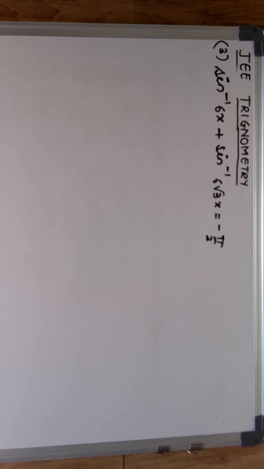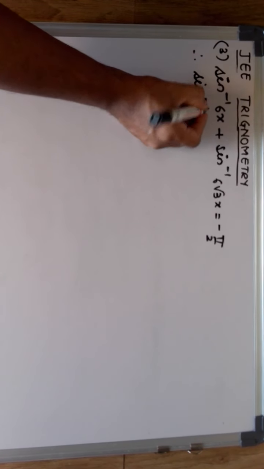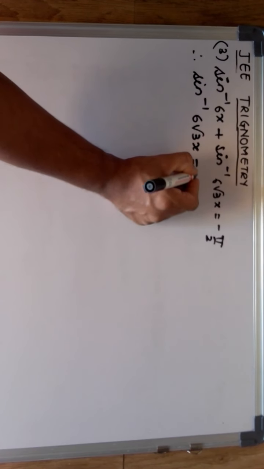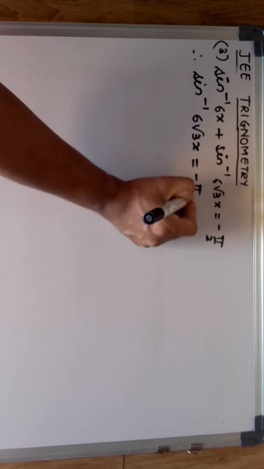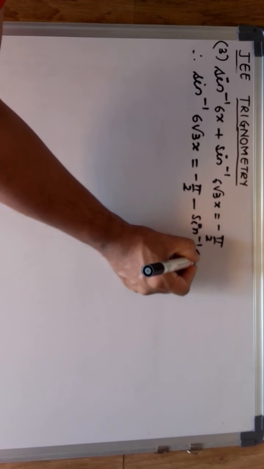That pi by 2 will help me get rid of this sine. So you transfer one of them to that side, whichever you want. I will be transferring so that sine inverse 6 root 3x is equal to minus pi by 2 minus sine inverse 6x. Agreed?